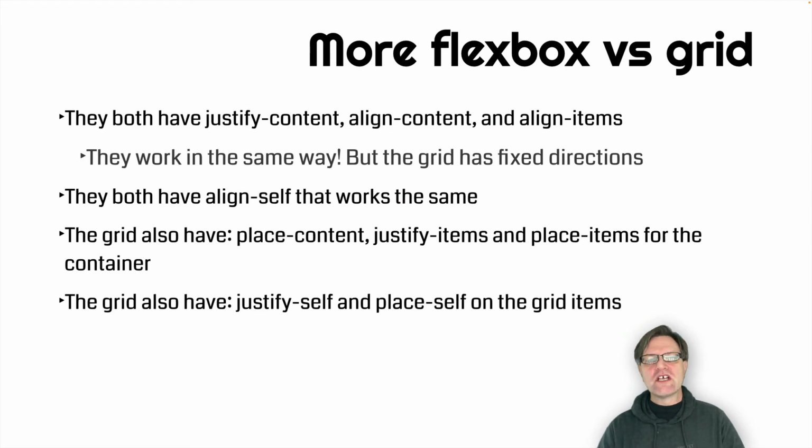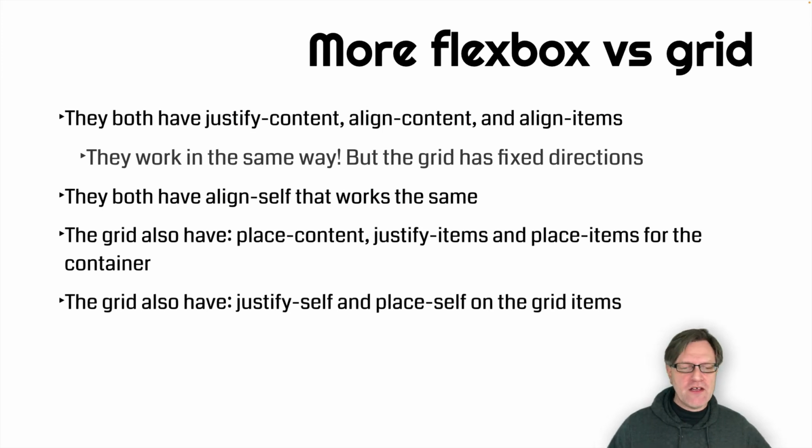You also can use the same version of justify content, align content, and align items that you have in the flexbox. But again, remember that the grid always has the same directions. So there is kind of nothing that confuses you when you set justify content to start, for example. And here you set it to just start and not flex-start, like with flex in the beginning, I should say.